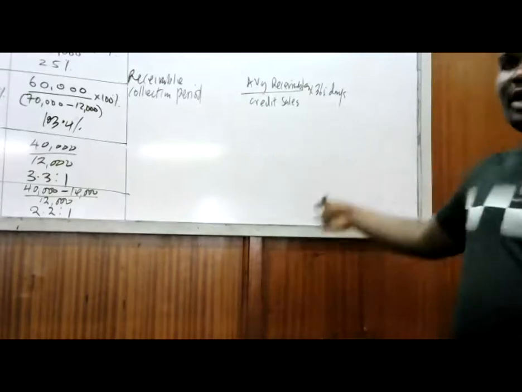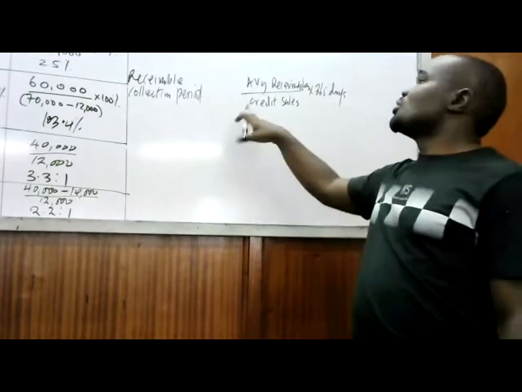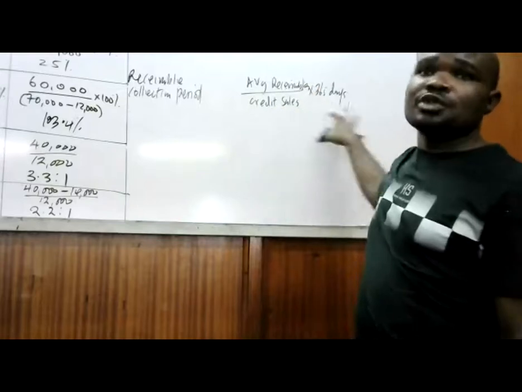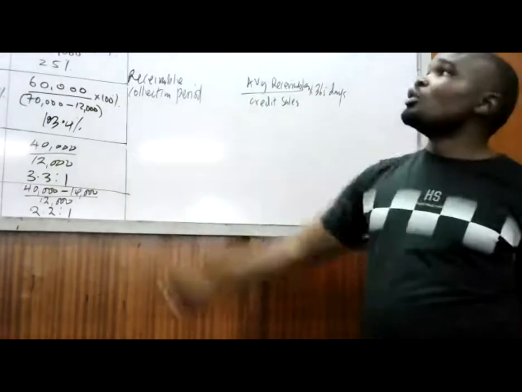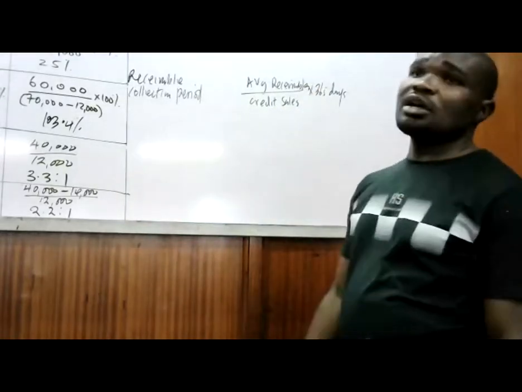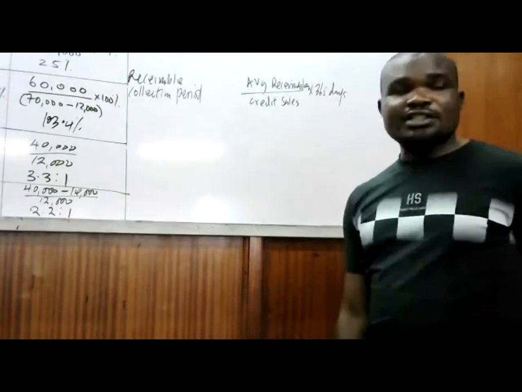So mimi nitaifanya hapa manually, nimeweka hapo because of camera. So nafanya 2020 here, wewe post vizuri na hiyo nyingine kwa table. Haya, so let's start with the 2019 ndio 2020.